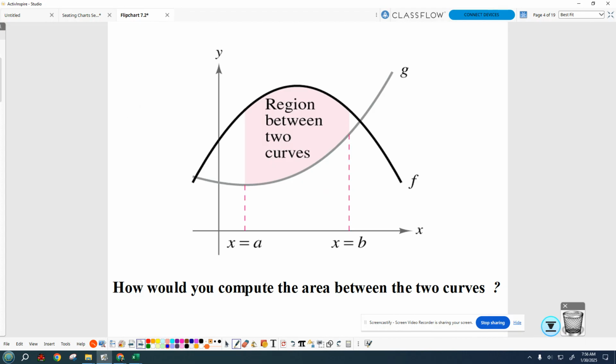So, I want to find the area between two curves. I just want to find the fish belly. Anyone got any suggestions? Find the integral of f, and you subtract the integral of g.